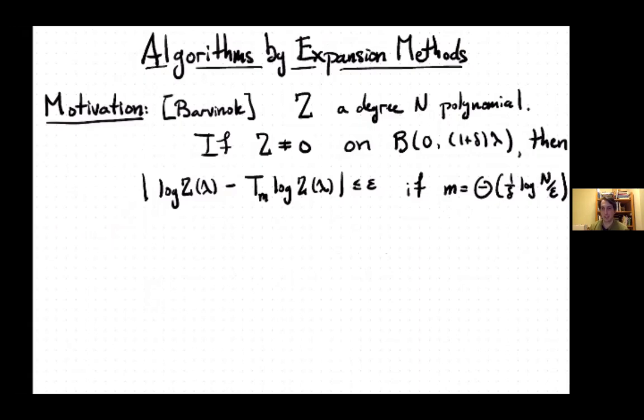He was interested in approximating partition functions for some problem, and he came up with the following lemma: if you have a degree n polynomial Z, which you should think of as your partition function (any finite partition function is just some polynomial in an appropriate parameter), and you know it is non-vanishing in some neighborhood of the origin, which I call 1 plus delta times lambda, for the radius of that ball, then you get a very good approximation to the log partition function, with error epsilon, if you look at the mth Taylor polynomial of the log partition function, provided m is of order log n over epsilon.